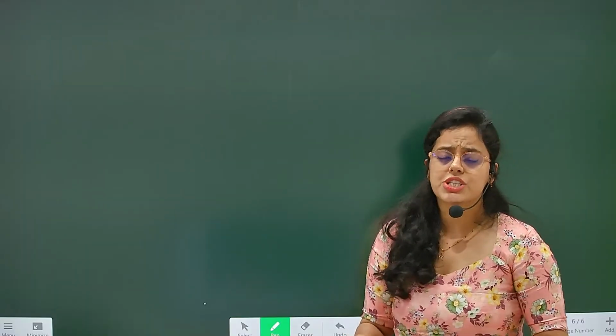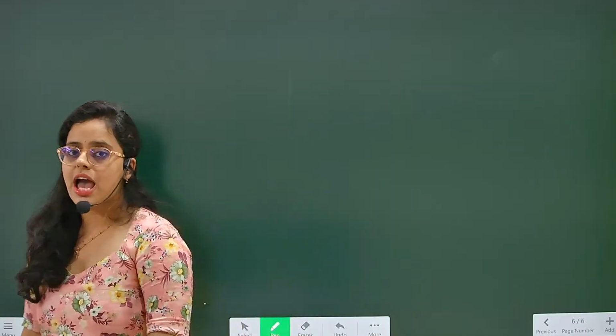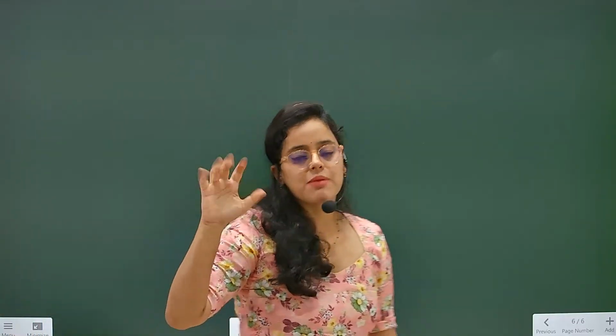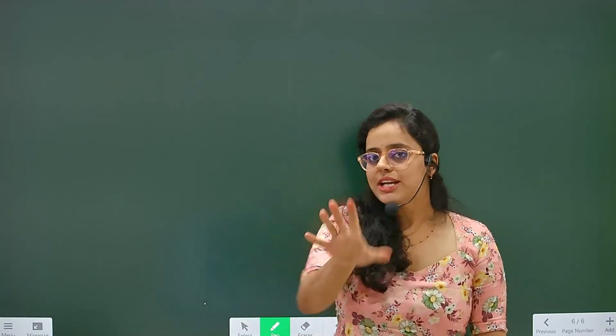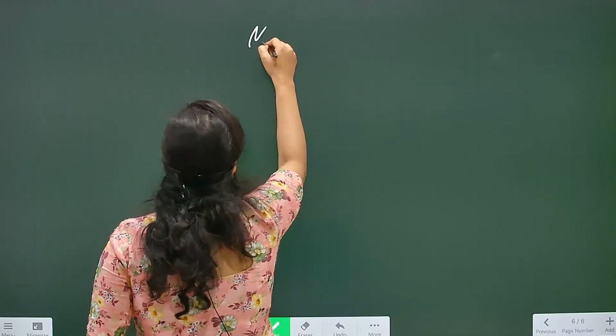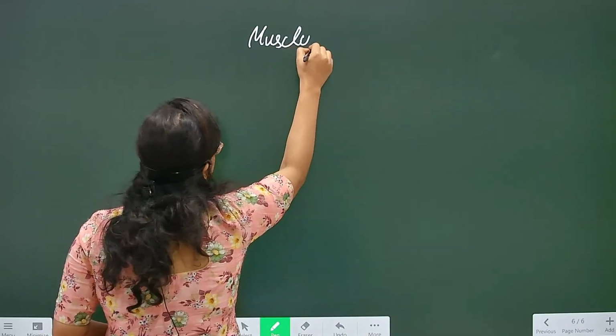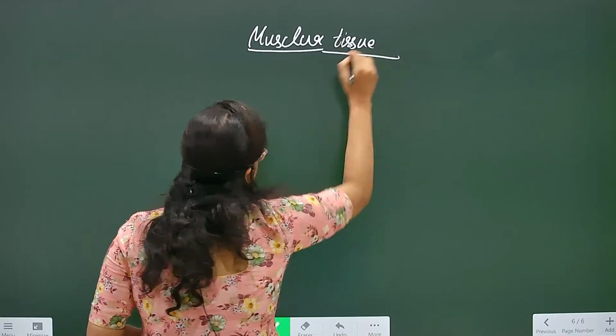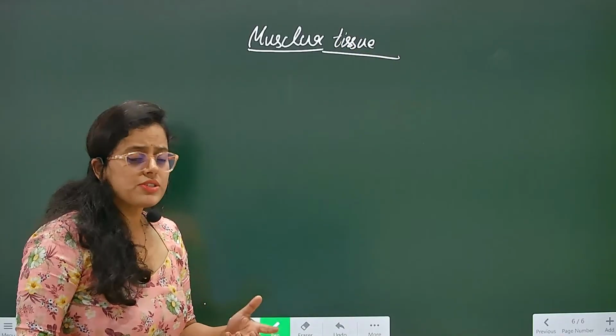Voluntary action: I want to move from one place to another, so for this action I'm moving my legs. For closing my wrist, I'm moving my fingers. This kind of action is called voluntary action. So muscular tissue is the one which causes movement.